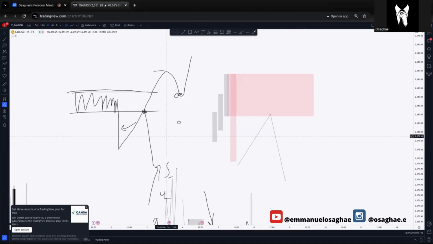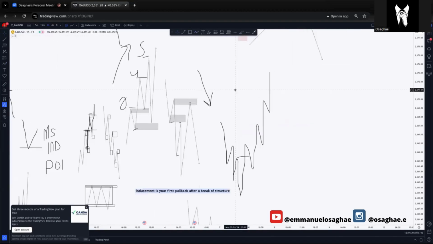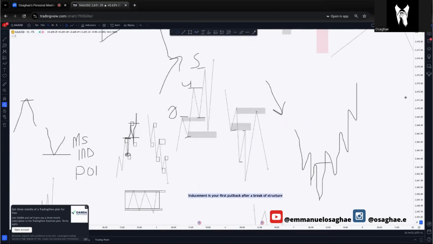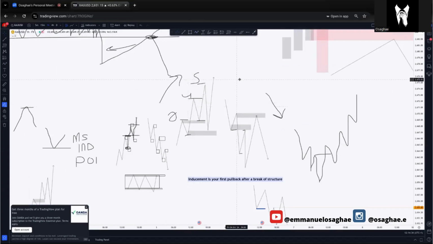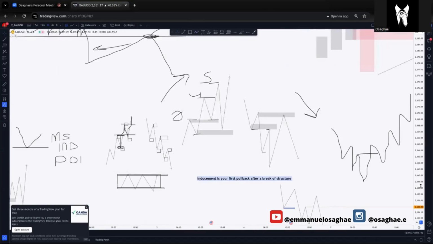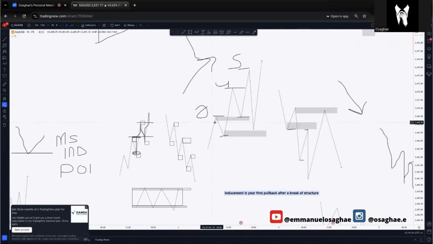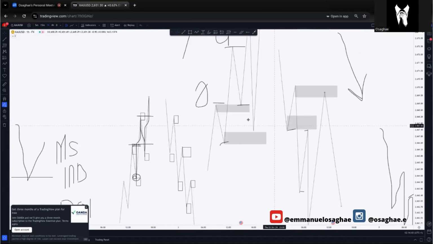That leads us back to this image that I drew here. What are you seeing here? In this case, this was a supply zone before. See what the market did. The market came up, then sellers came in. So at some point there were sellers here.